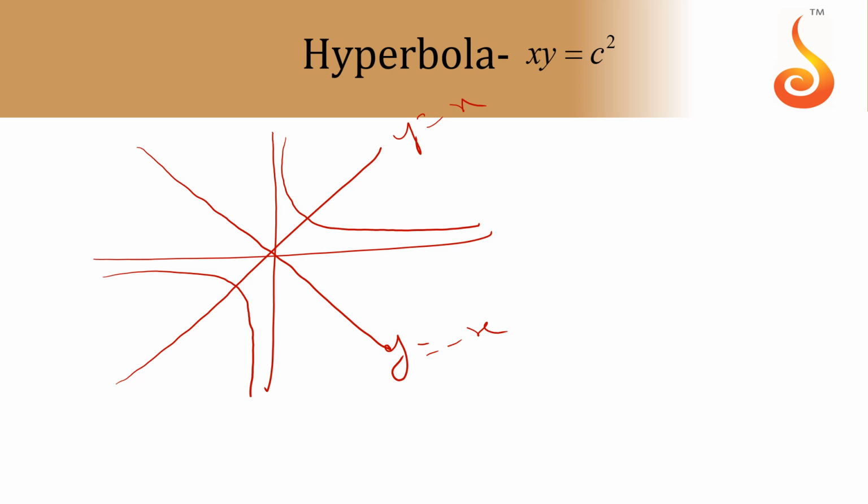And its length of latus rectum is 2 root 2 c. And what will be the equation of director circle? x square plus y square equal to 0, that is a point circle.